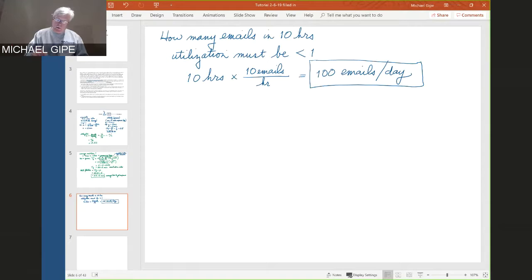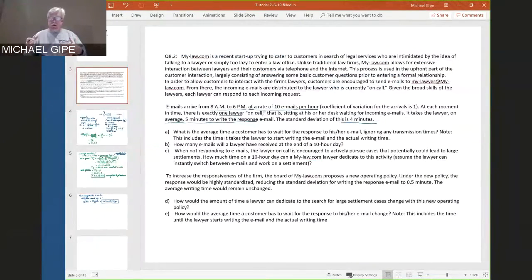How about the next one? The next question is C. When not responding to emails, the lawyer on call is encouraged to actively pursue other cases so they could do other work, background work. How much time on a 10-hour day can the lawyer dedicate to this activity, assuming that he can instantly switch back and forth?